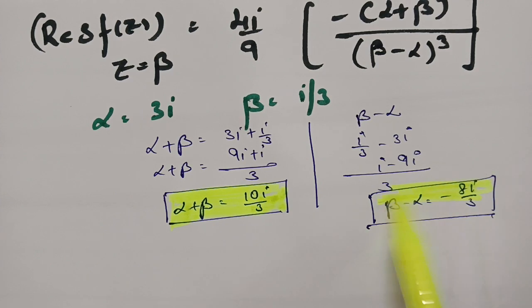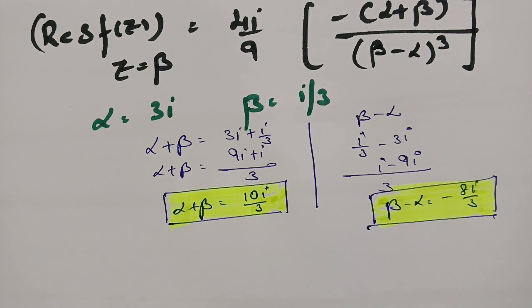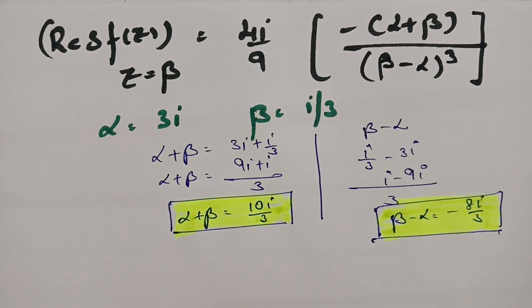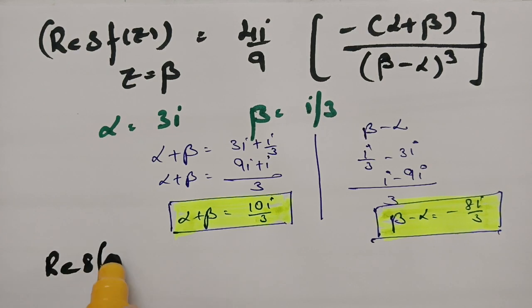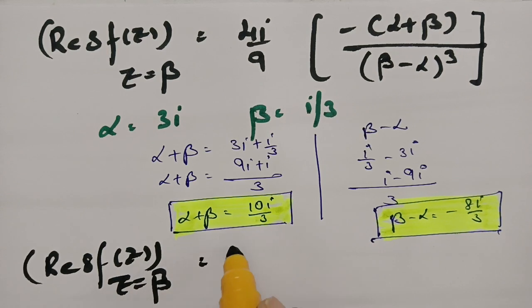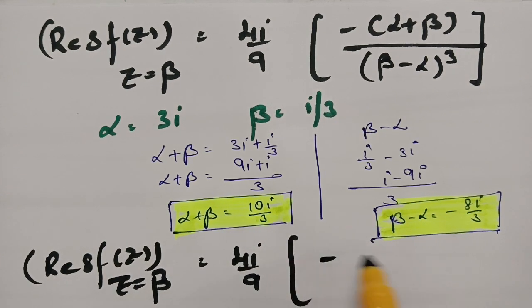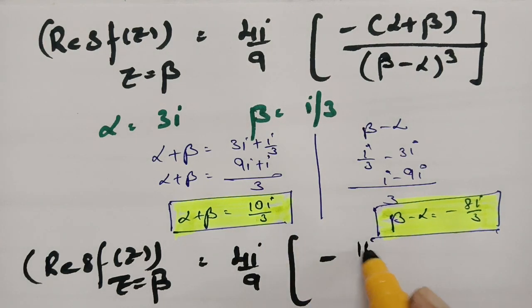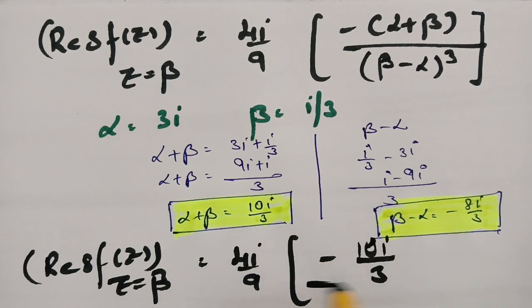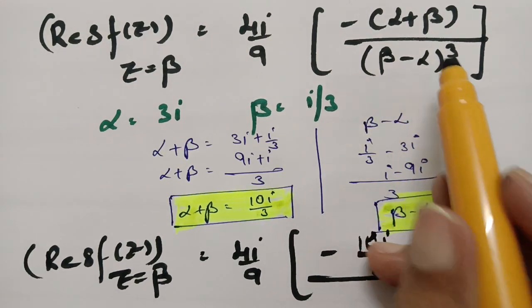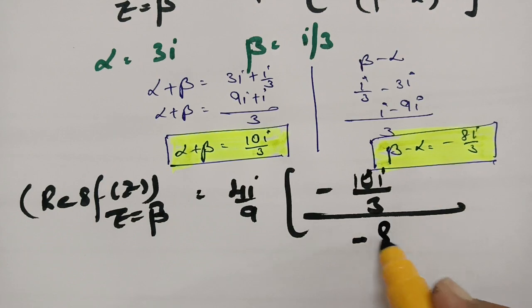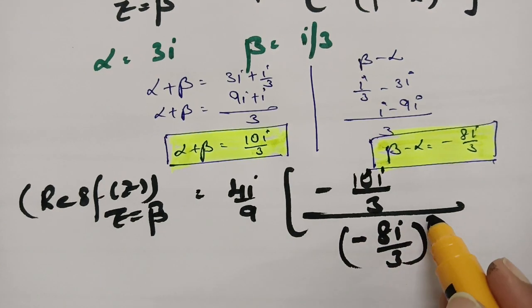If I substitute here, then the residue of f of z at z equal to beta is 4i by 9 times minus of (alpha plus beta, which is 10i by 3) by (beta minus alpha) whole cube, which is (minus 8i by 3) whole cube.